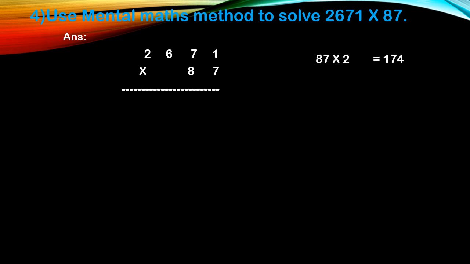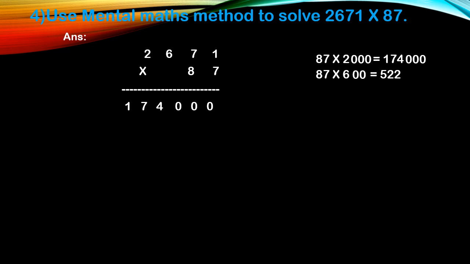First 87 into 2, 174. Then 87 into 2000, 1,74,000. So we have to write 1,74,000. Then after that 87 into 6, that is 522.